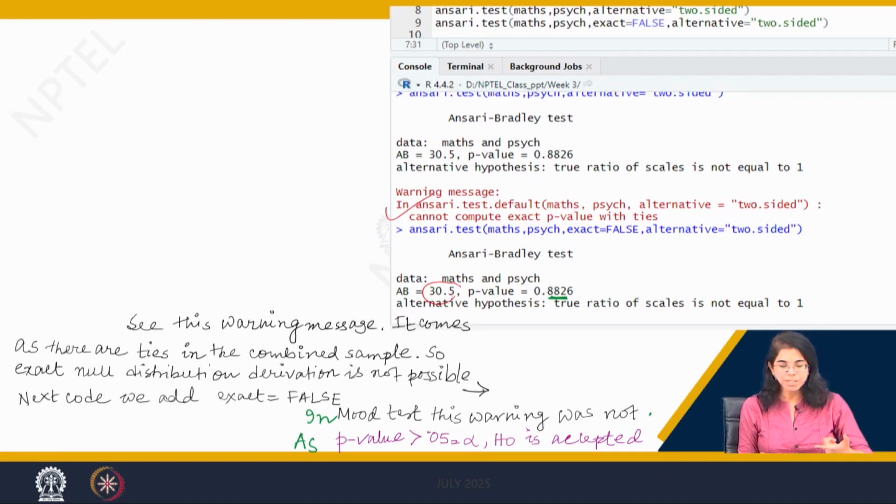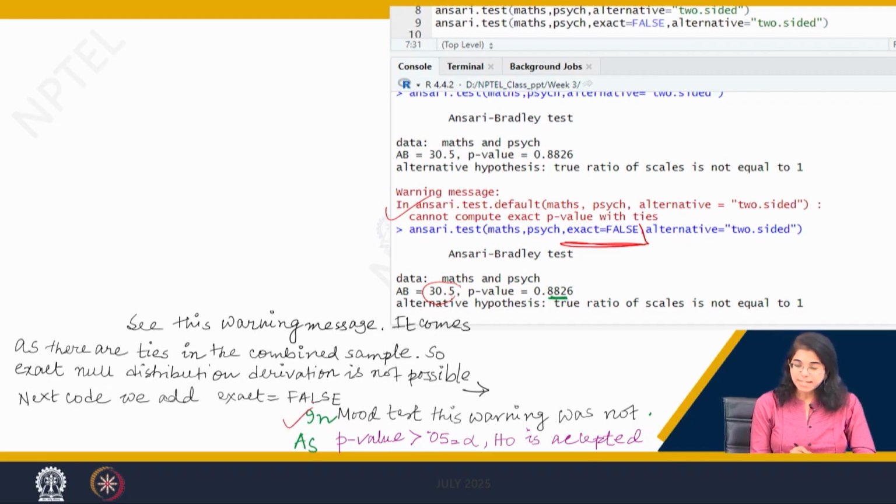In the first problem, there are a few repetitive observations. So what will be the way out? As I already taught you, whenever you have a tie case in your data, just incorporate this: exact is equal to false. That means we are not in need of the exact probability distribution of the test statistic. Exact is equal to false. Clear?